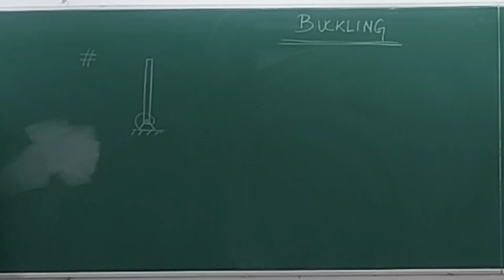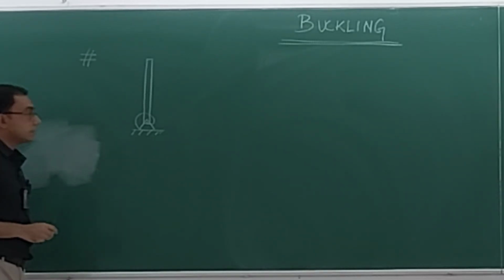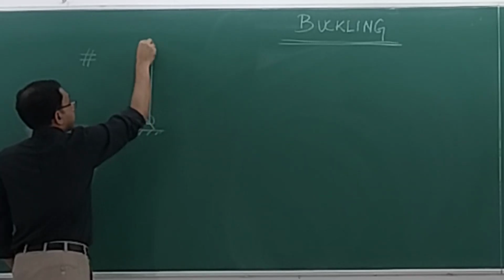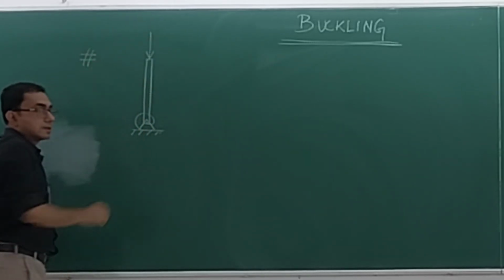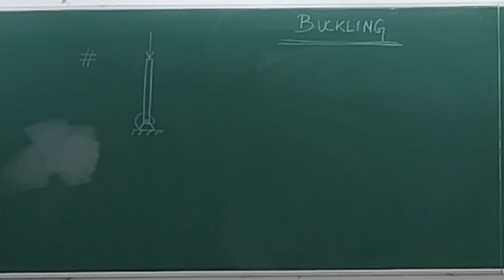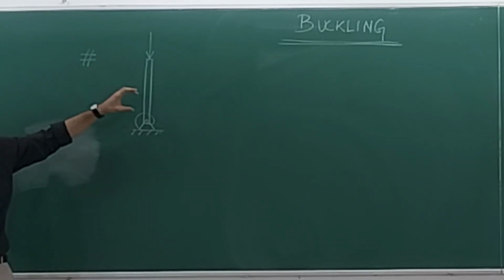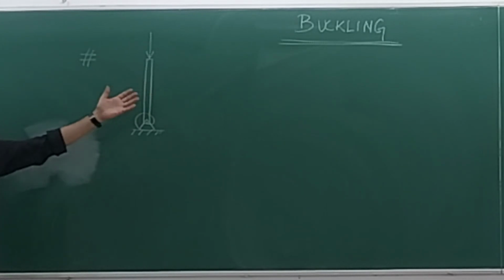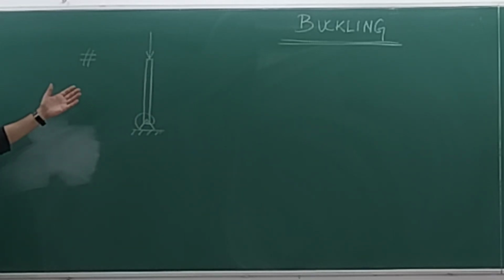This is a spring. And the load here is actually like this. This is the load. Now, as it is written, you will probably think that nothing is going to happen because it is a rigid member. You do not even expect it to shorten in length because that is the definition of a rigid member, right? So nothing interesting is going to happen.